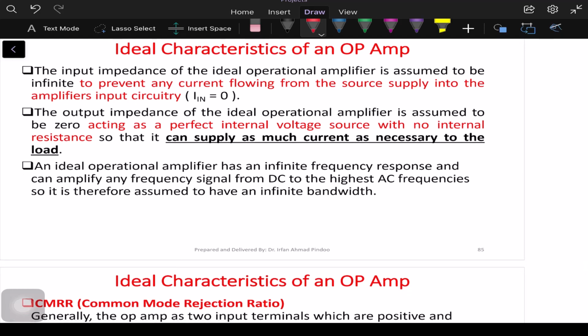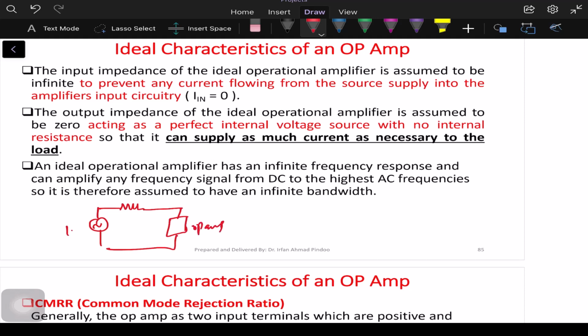Now if we look at the first 2 points, that the input impedance must be infinity and the output impedance must be 0, why is it so? Suppose we are providing a certain voltage like this. This is the op-amp here.